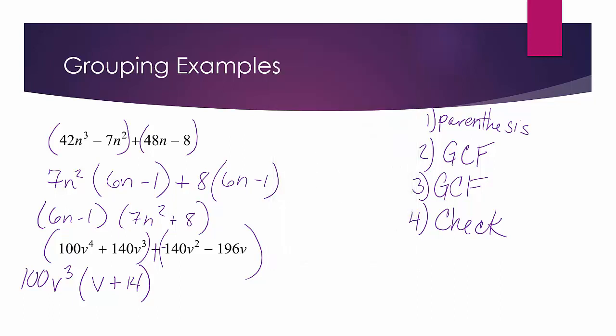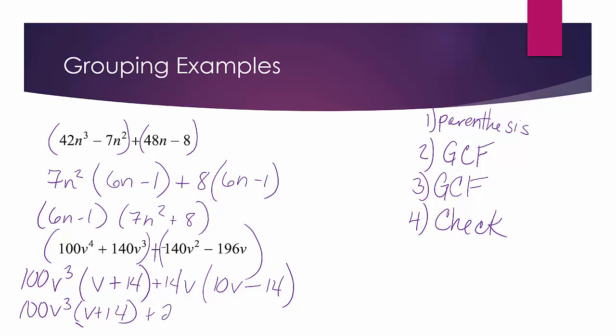So I'm going to pull out 14 again. It gives me 14. I'm going to pull out a v. So that leaves me with 10v minus 14. So now we need to pull out a 2. So we got 100v to the third times v plus 14 plus 28, because we're pulling out a 2. So we're going to multiply this by 2. 28v times 5v.